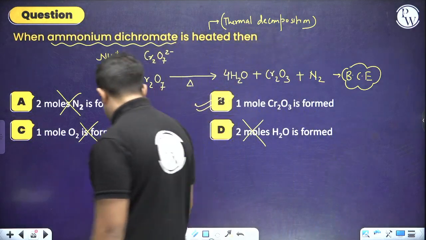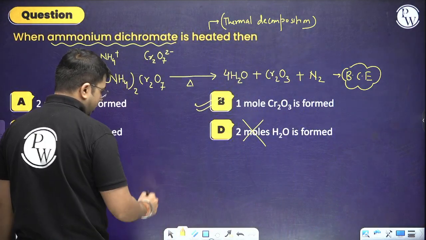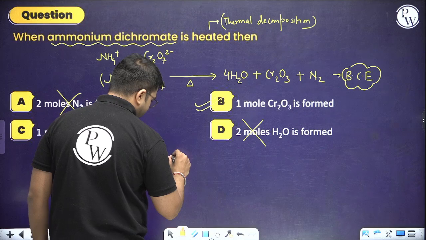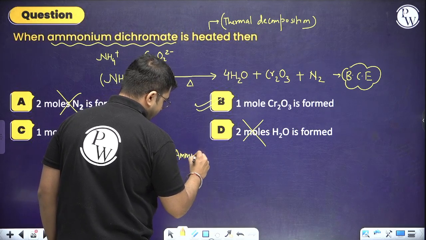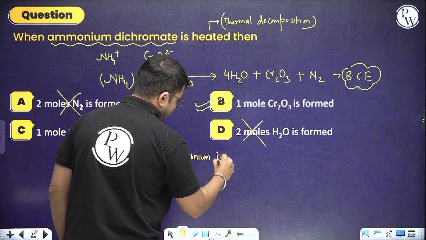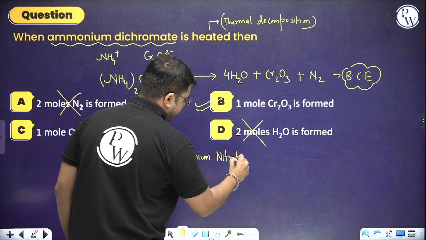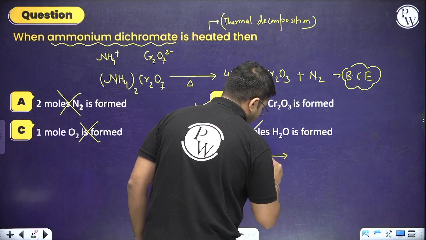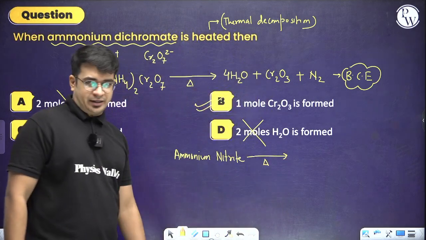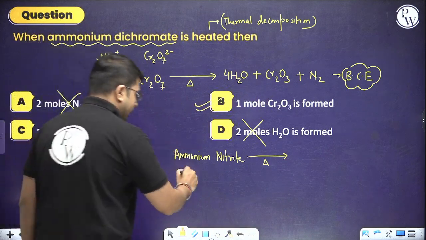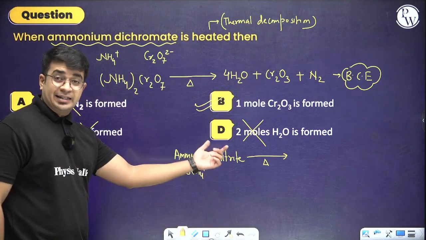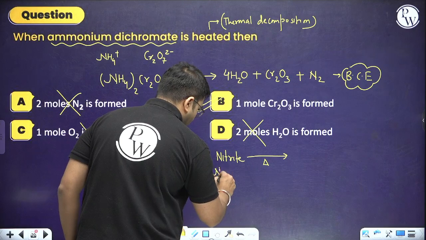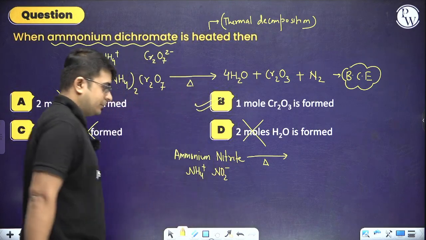Now for your practice, try to solve the thermal decomposition of ammonium nitrite. Let's try this. Ammonium is again NH4 positive, nitrite is NO2 negative.